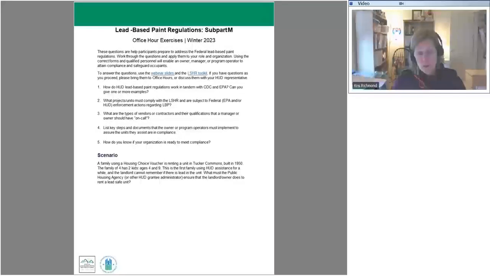Remember, for Subpart M, tenant-based rental assistance, the lead-safe housing rule only applies if there's a child under 6 residing in the unit. We would still require the landlord to do disclosure, because disclosure is required for all pre-78 units, regardless of occupancy. So they would need to do a lead disclosure, and if there was any work identified that needed to be done, the EPA RRP requirements are still required.